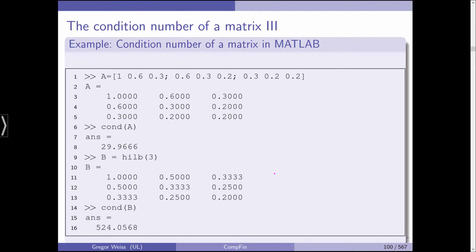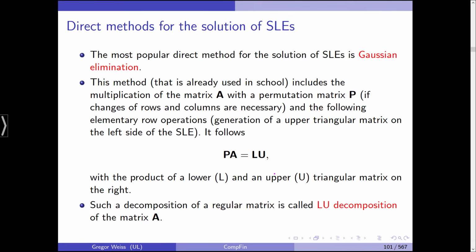In one of the first videos, I showed you that the solution of a system of linear equations with a Hilbert matrix as the coefficient matrix is badly conditioned, and you should change the matrix if you have the opportunity to. So this shows you how to simply calculate the condition number of a matrix in MATLAB, with a very simple function, cond of A or B in this case.